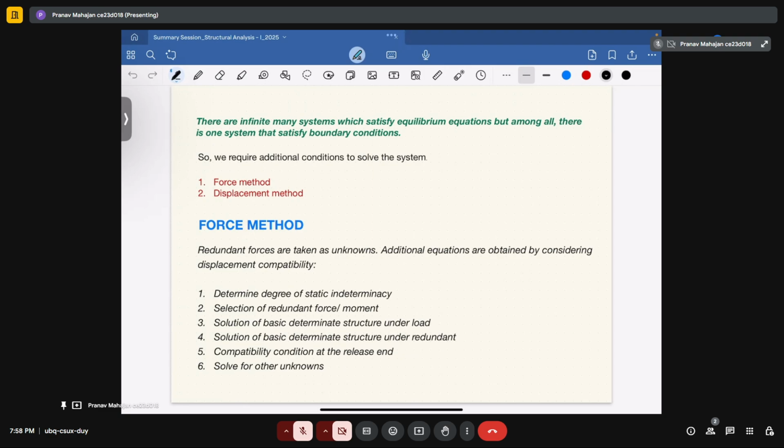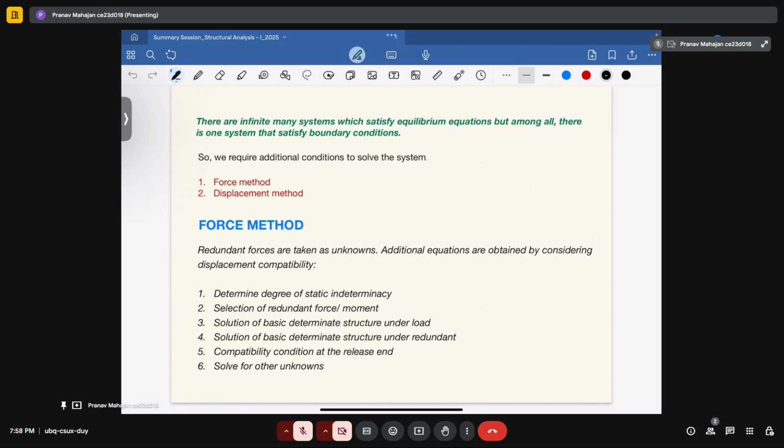First step, determine the degree of static indeterminacy. After that, select any force or any moment which will be your redundant. Okay. Then remove that force and solve the structure as the basic redundant structure under the load that is provided to you. Okay.